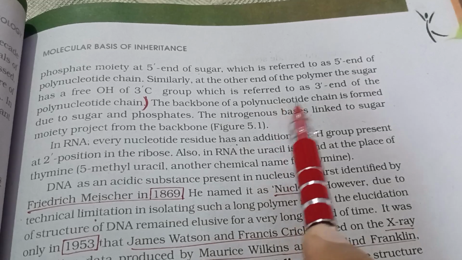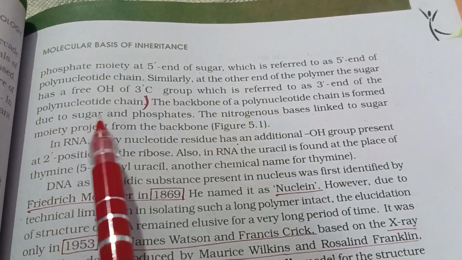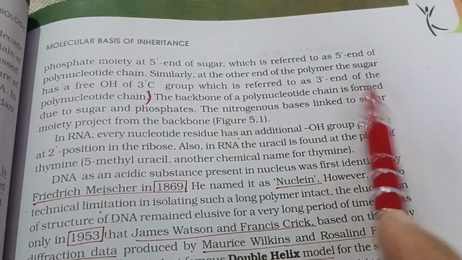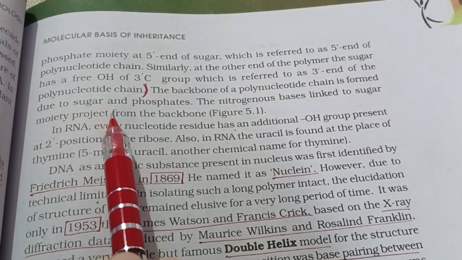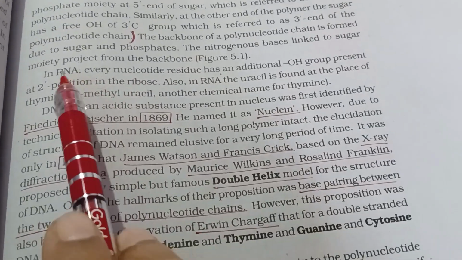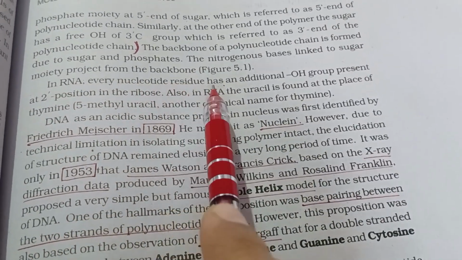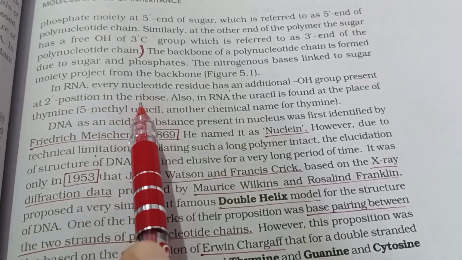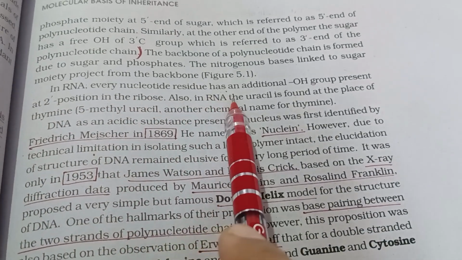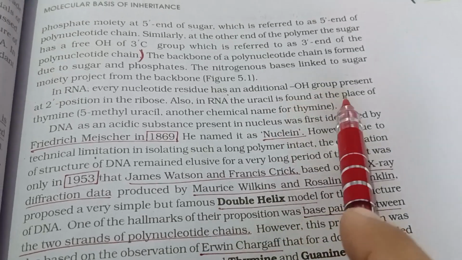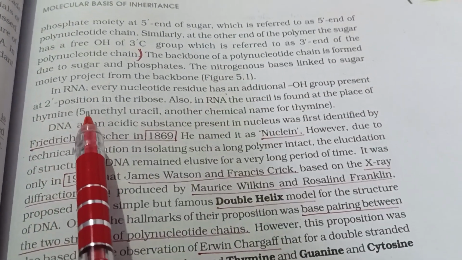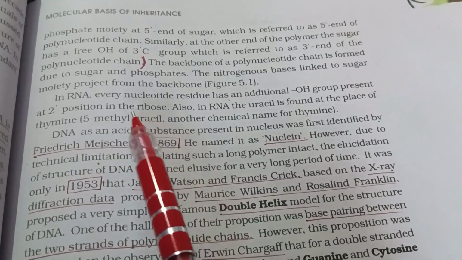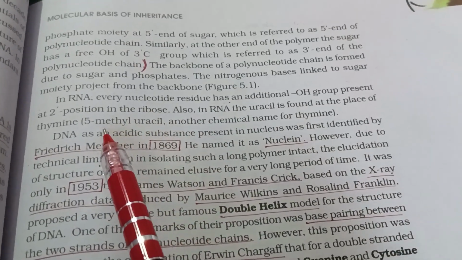The backbone of the polynucleotide chain is formed of sugar and phosphates, and the nitrogenous bases linked to the sugar moiety project from the backbone. In RNA, every nucleotide residue has an additional OH group present at the 2' position in the ribose. Also in RNA, the uracil is found at the place of thymine. Thymine is known as 5-methyl uracil.